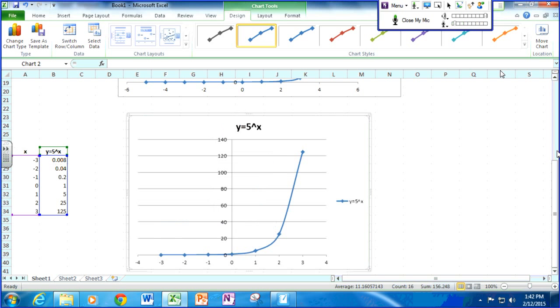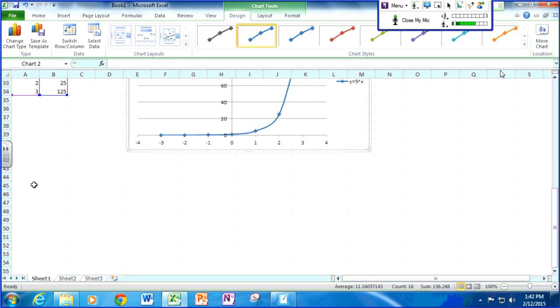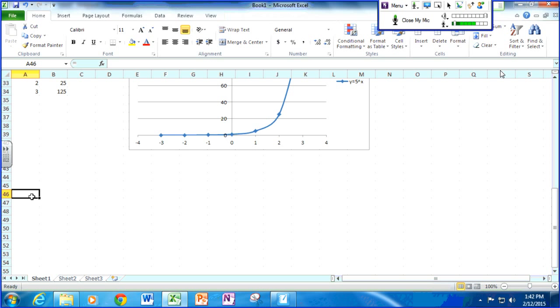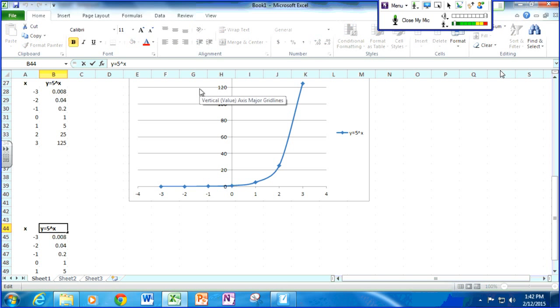Well, here's the power of this thing. Now that we've done this, I'm just going to copy this data here, and change this to the other question they had, which was 1 over 5. So 1 over 5 to the power x.